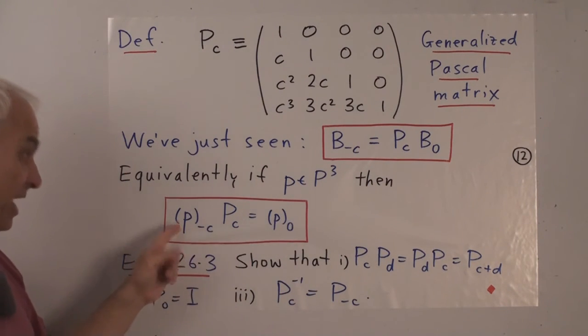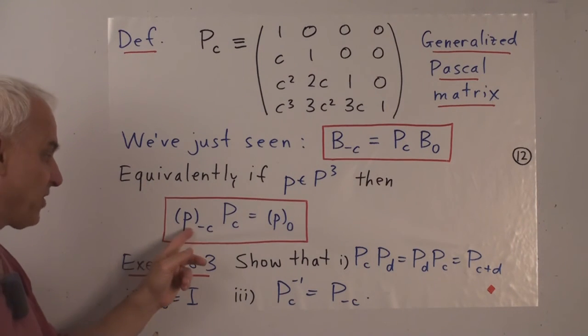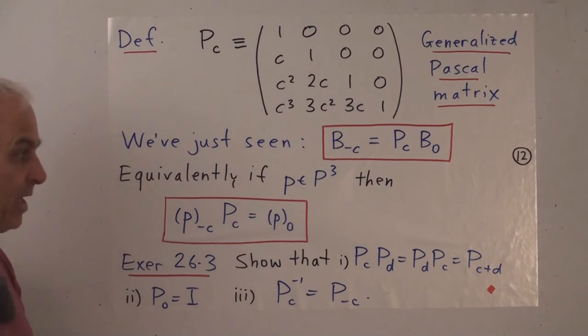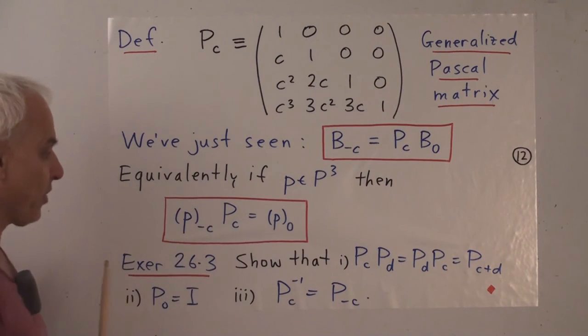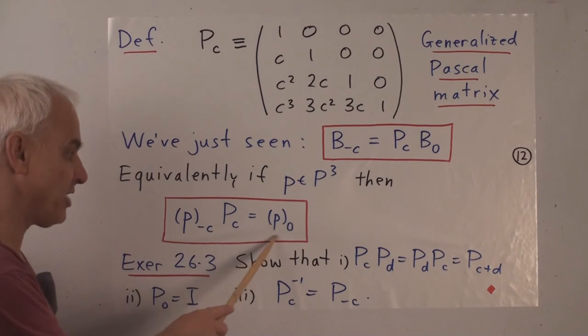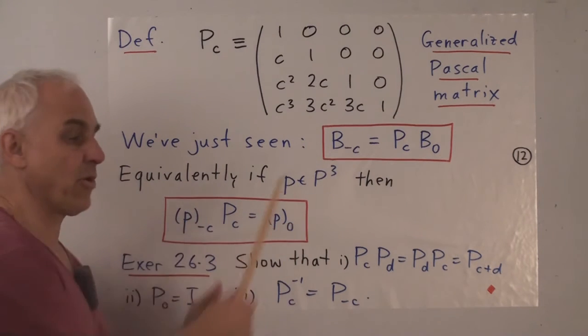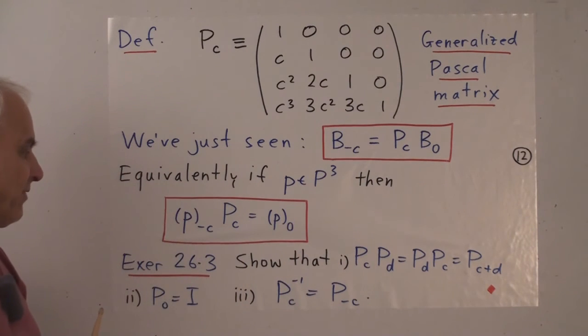And we can say that if we have a general polynomial little p, then its coefficient vector at minus C times this change of coordinate matrix P sub C equals the Taylor coefficient vector at 0. So these two things are equivalent in the way that we've already looked at several times.